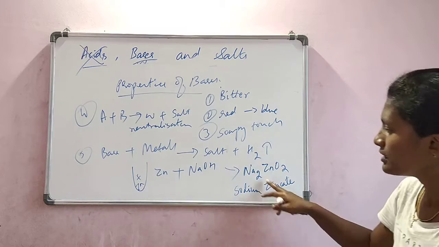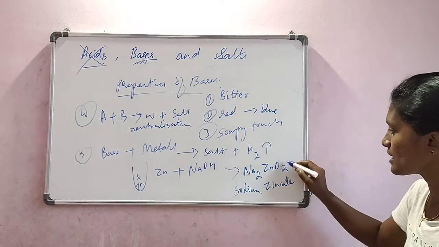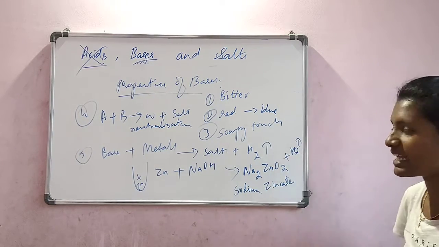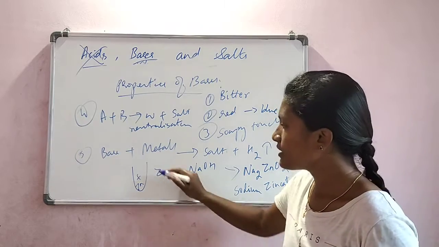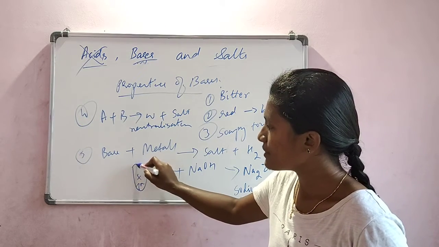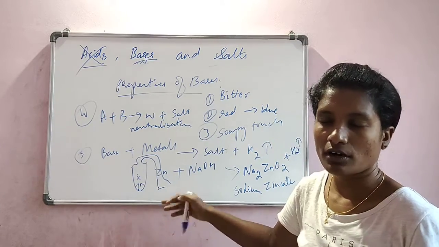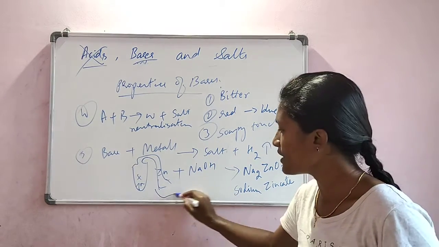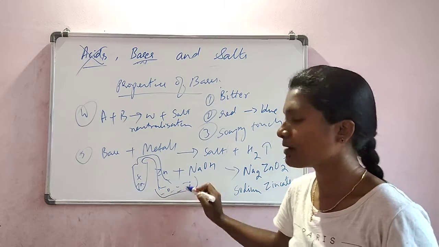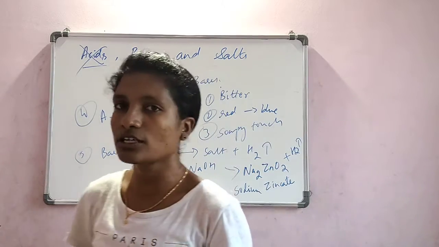This is a new compound, sodium zincate. Along with that, hydrogen gas is evolved. So how do we check that? Once this reaction happens, collect this gas using a tube and put it in water containing soap.